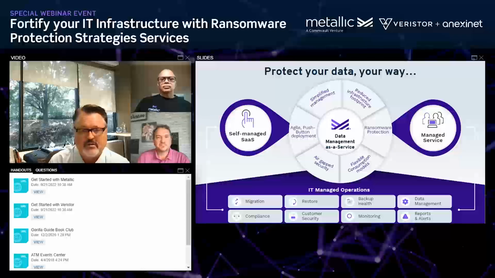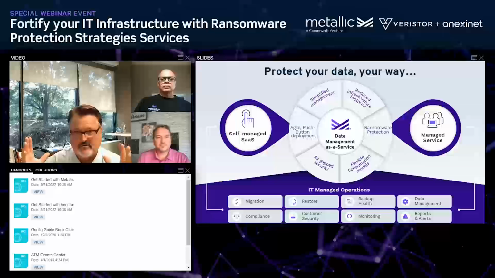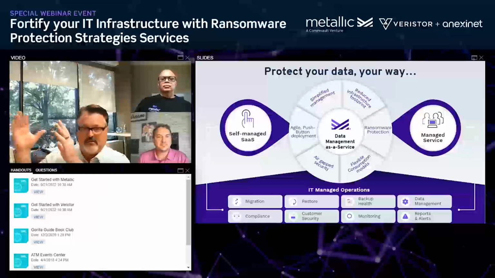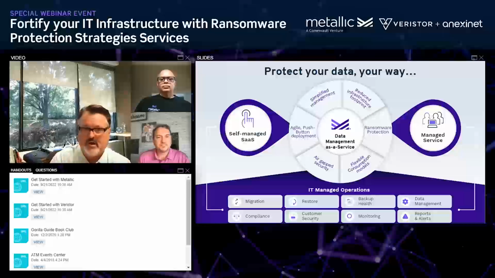But I also want to say, again, because we have a lot of very large customers that are using this and we do the managed services, you still have, because a lot of your data may be on-prem with some of your applications. Obviously, cloud apps are being backed up there, but for on-prem applications, Metallic management is all SaaS-based, but you have media agents and data on-prem.